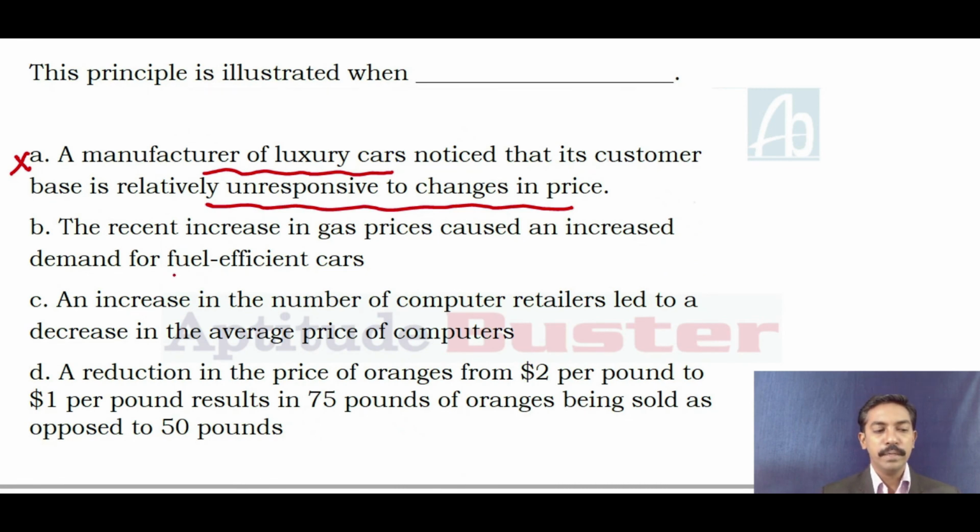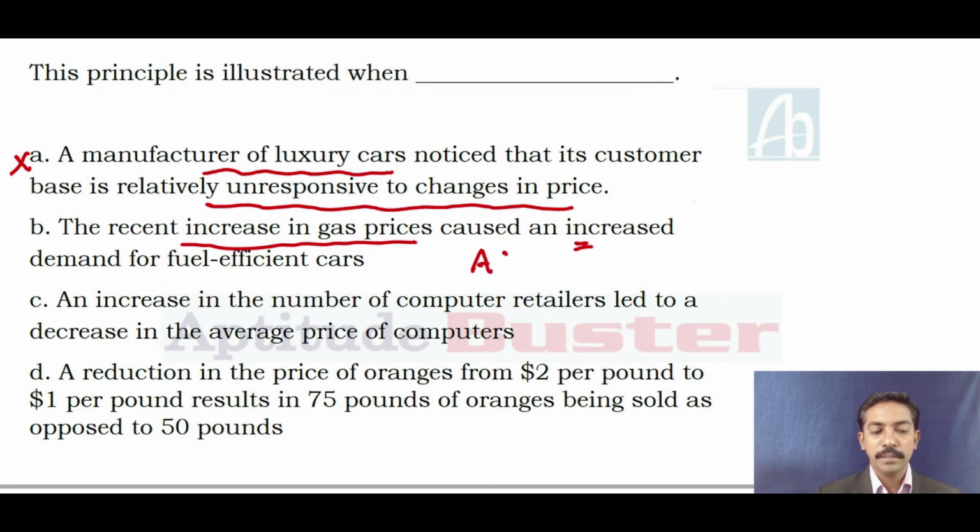Look at option B. The recent increase in gas prices caused an increased demand for fuel efficient cars. Option B is deceptive. It's slightly tricky. It says increase in gas prices has led to increased demand for fuel efficient cars. If we want to explain, perhaps we can make it this equation.